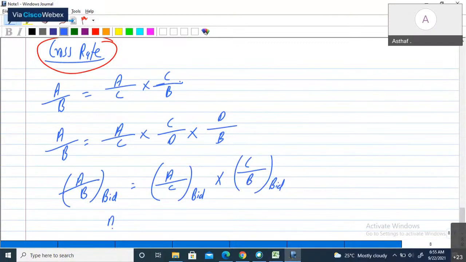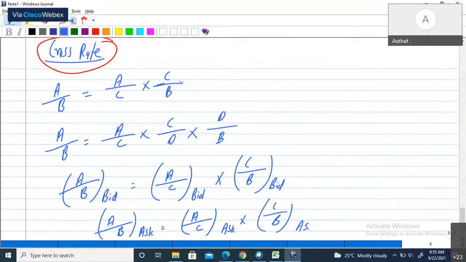Same way, if you want A by B ask, you have to go for A by C ask into C by B ask. This is a very basic concept.